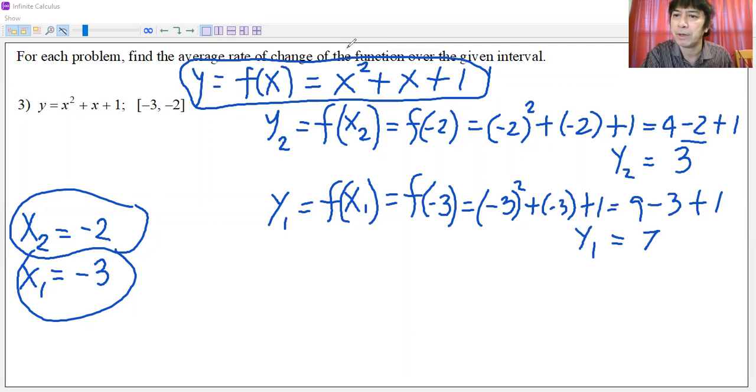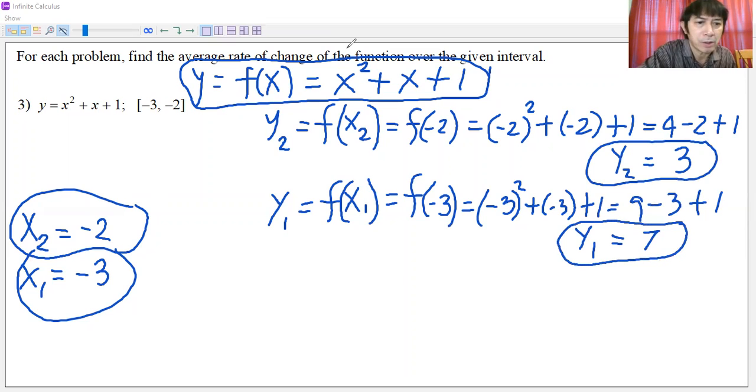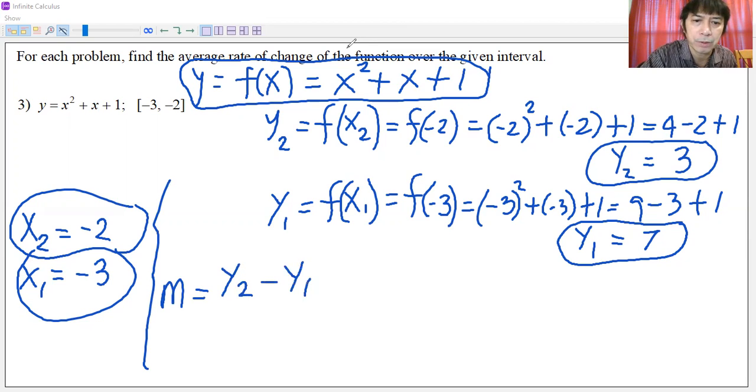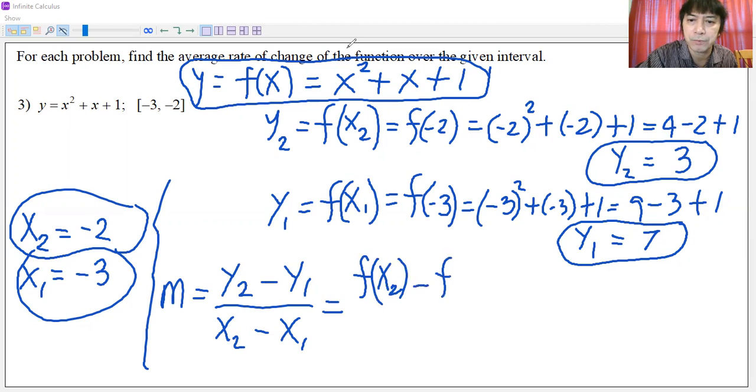We now have our y2 and our y1, so you can start with the formula. M is equal to y2 minus y1 over x2 minus x1. You can also write this as f of x2 minus f of x1 divided by x2 minus x1.